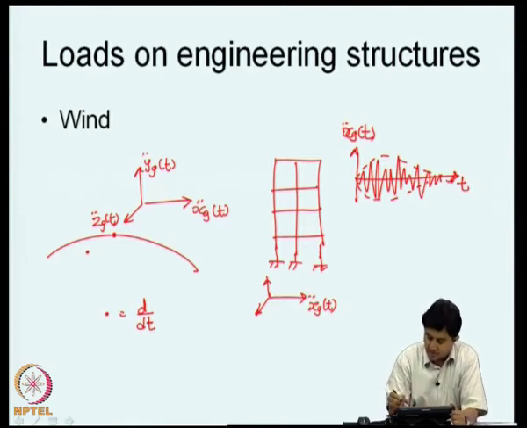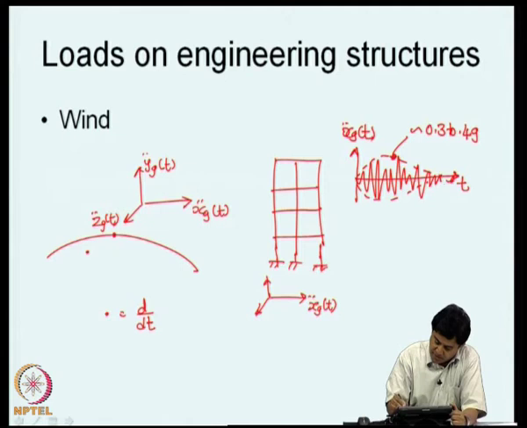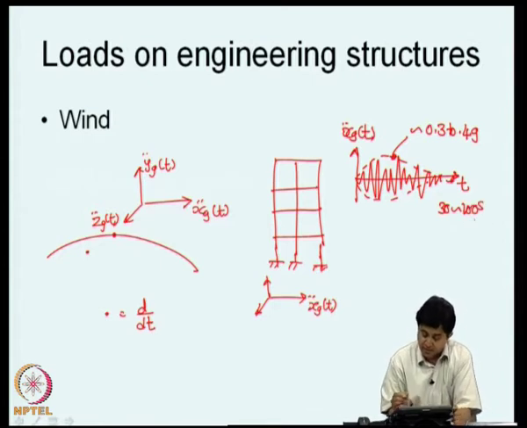So, this is acceleration on the y axis, and these peak values are typically of the order of 0.3 to 0.4 of acceleration due to gravity, and the time duration over which these oscillations take place is about 30 to about 100 seconds. These are typical, they can be more or less.